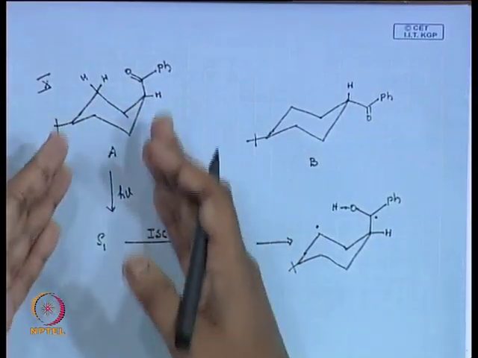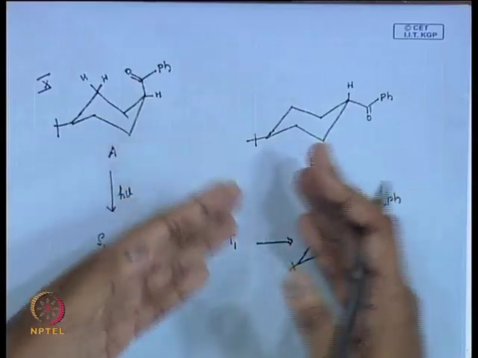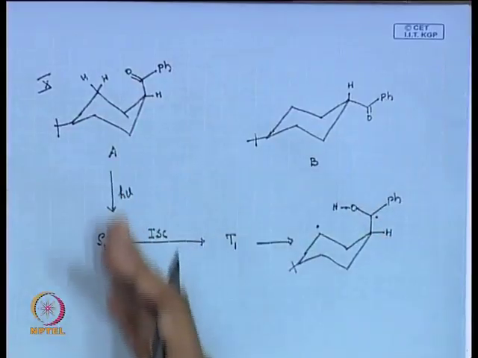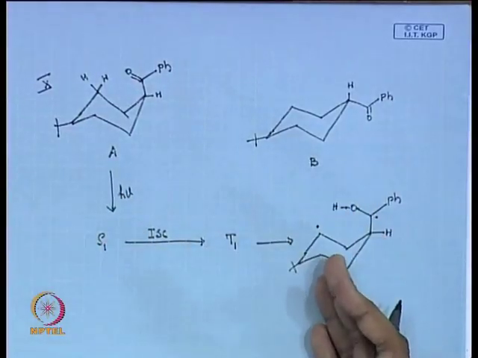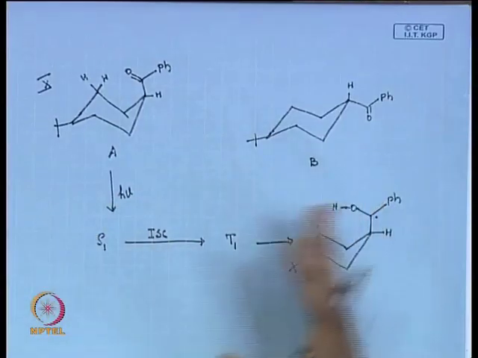So, that is what, since today I am taking hydrogen abstraction, I am concentrating only on A, right. Tomorrow, if in any exam you are given A and B and asked to find out the product of A as well as B, at that time you should be able to write both the products. You should figure out whether it is A or B which is giving out the product. Yes, sir.